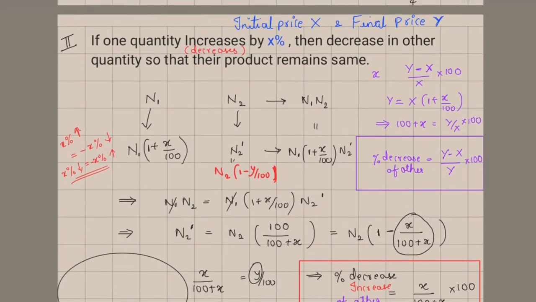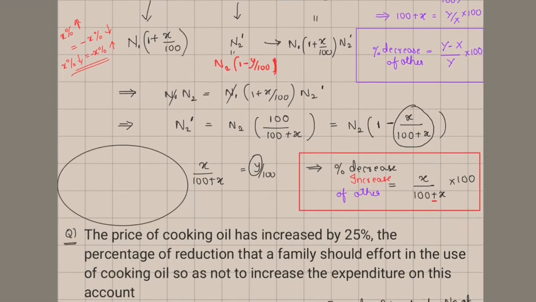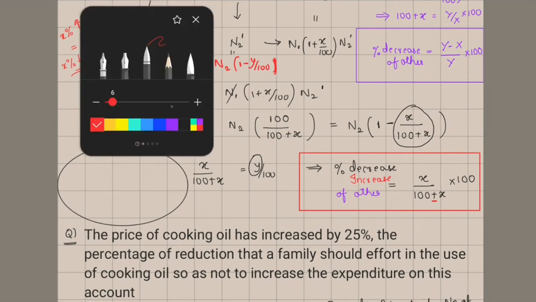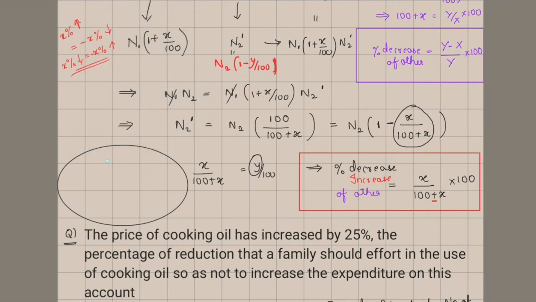So when one quantity is decreased by X percentage, then the other quantity should increase so that the product remains the same. So you just need to substitute minus X in this formula. So we get percentage decrease equal to minus X by 100 minus X into 100.